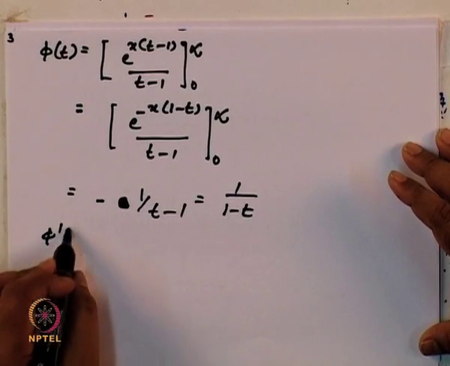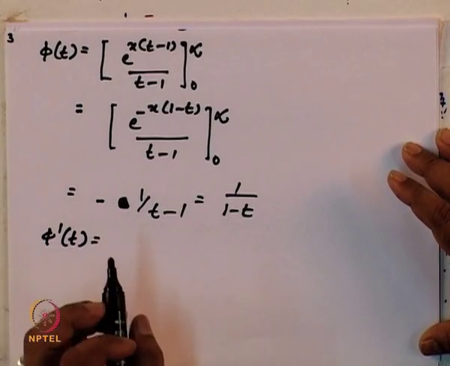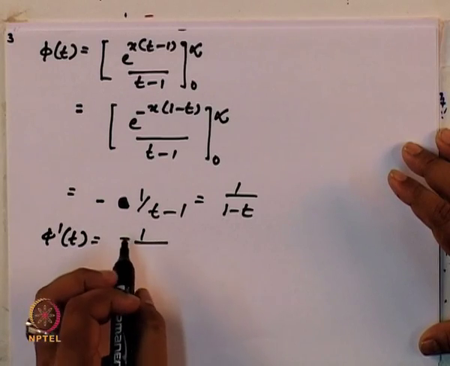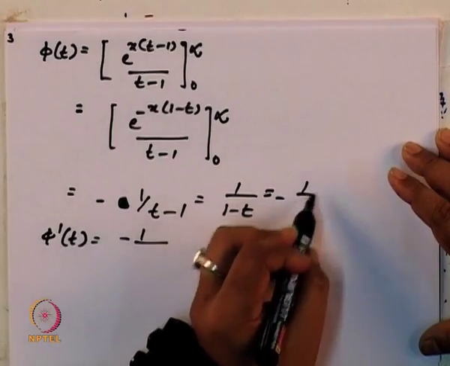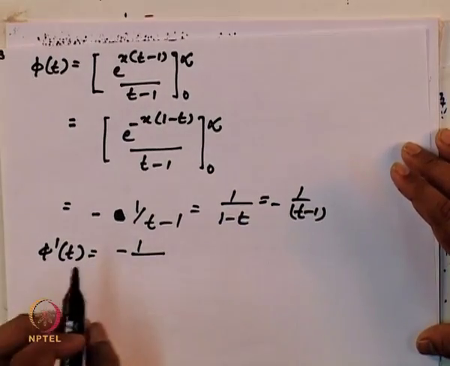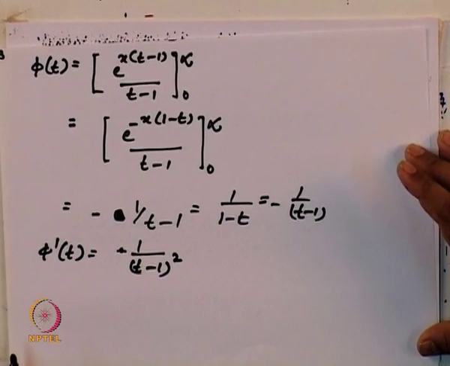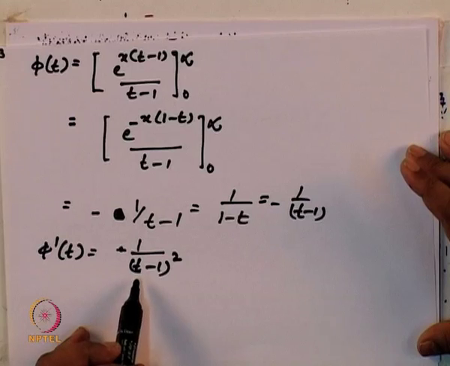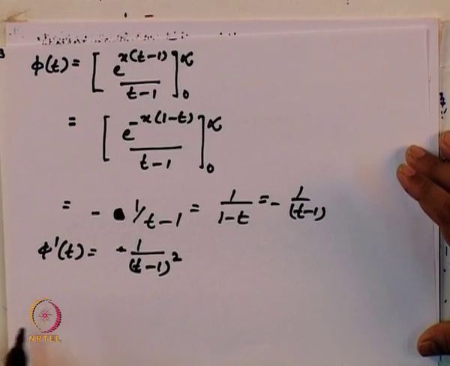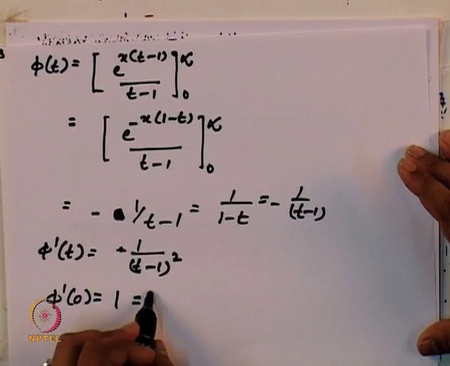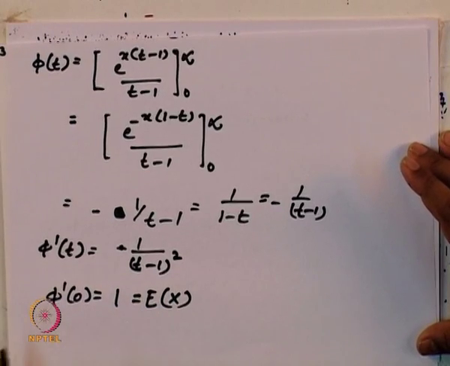Okay. What is phi prime of t? It is equal to minus 1 by t minus 1 whole square. Okay. So, phi prime of t is nothing but 1 by (t minus 1) whole square. So, phi prime of 0 will give you 1, which is equal to the expectation of x.